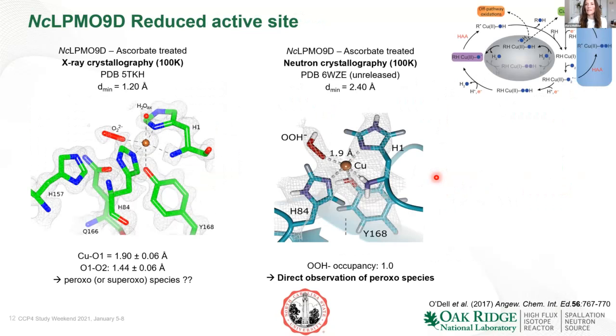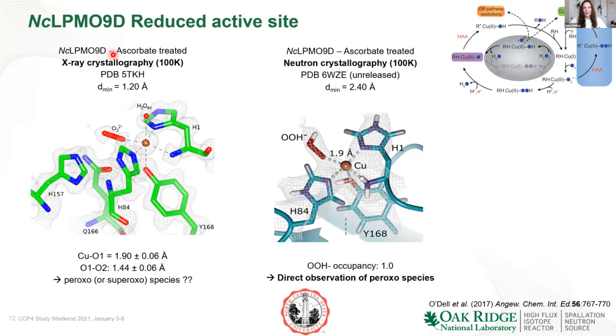And then the follow-up step, again, remember we're trying to elucidate this pathway and find which way the reaction evolves. So our next step was to create this reduced copper 1 intermediate state. So again, we started with X-ray.